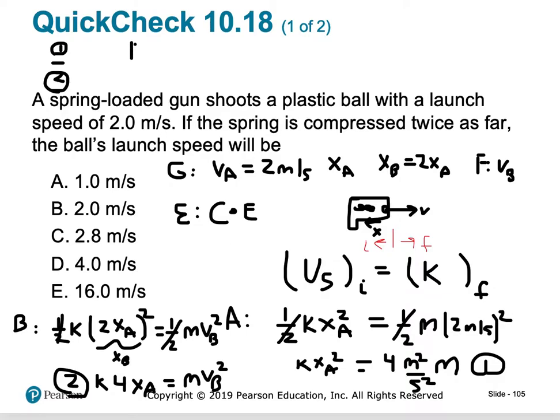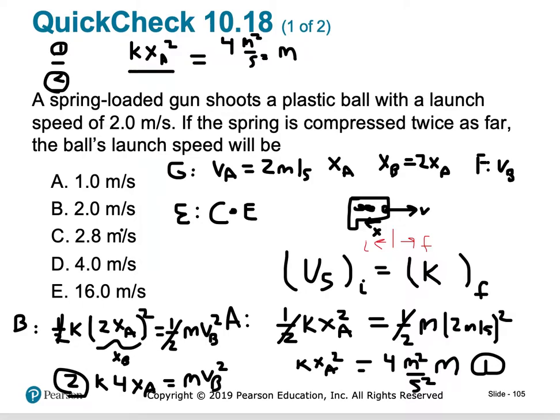We've got k times xa squared and that's equal to 4 meters squared per second squared times m.